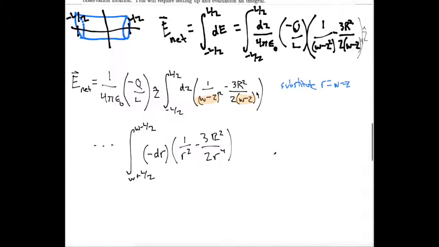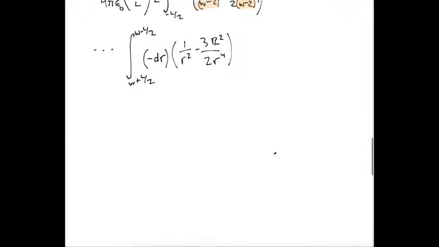So now we can start solving this one. The best approach here is probably to first take out these negatives and switch our bounds. So if we can get rid of the negative dr and make this a regular old looking integral, and our bounds switch from w plus to w minus.